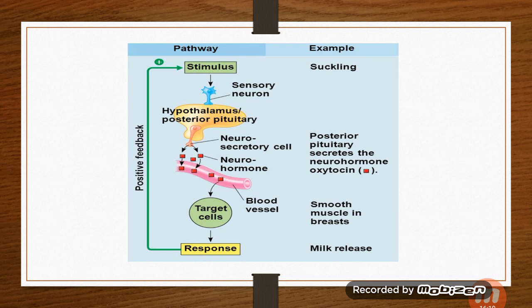The milk encourages more suckling at the nipple, and more suckling would result in more production of milk by the oxytocin produced by the neurosecretory cells.